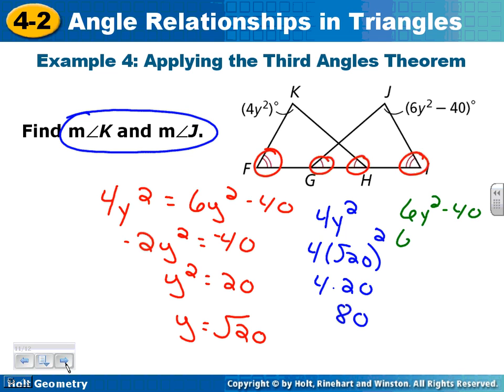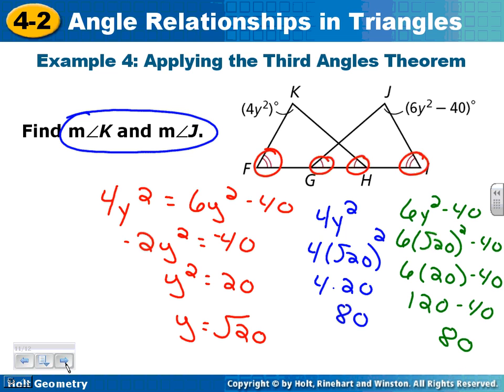So in other words, that's 6 times the square root of 20 squared minus 40, or 6 times just a regular 20 minus 40. That would be 120 minus 40, which is 80. I get 80 for the first one and 80 for the second one, which is supposed to happen because those two third angles are congruent.